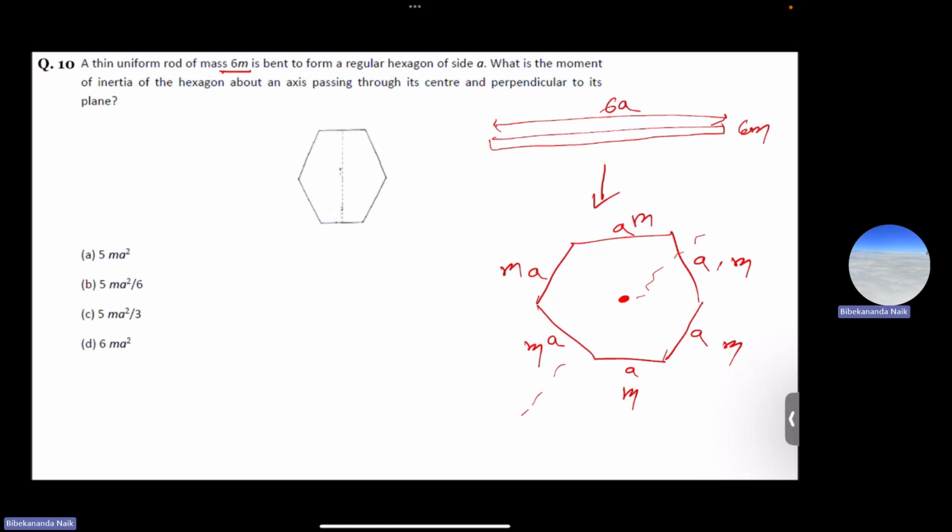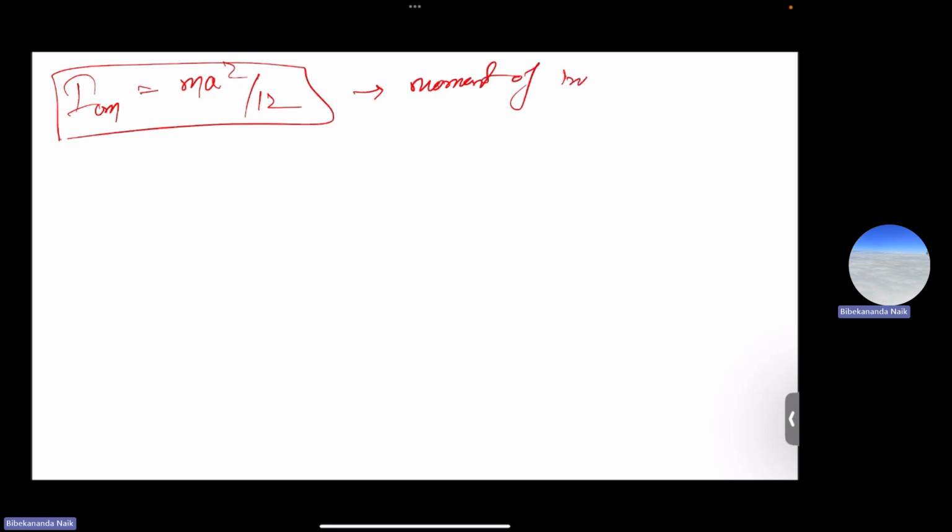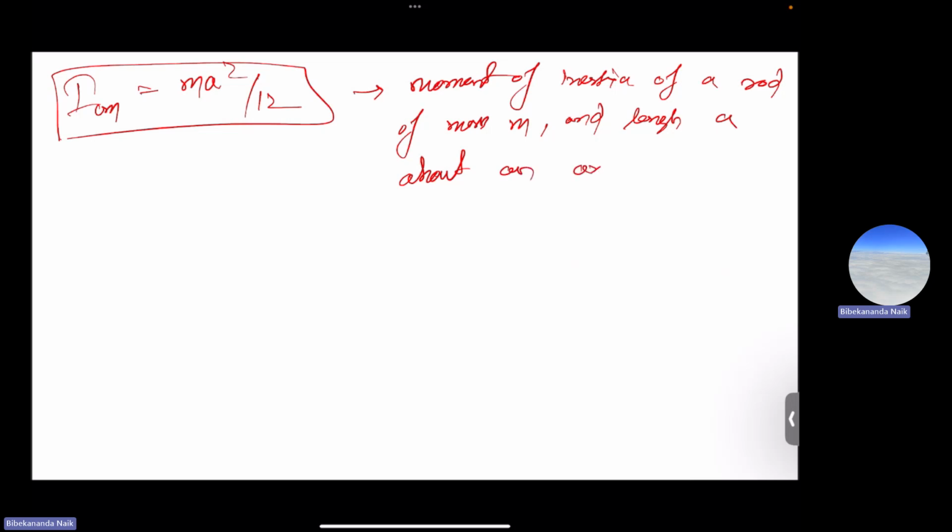Now if we solve it, when it was a single rod, we know this value is the moment of inertia of a rod of mass m and length a about an axis passing through its center and perpendicular to its length.